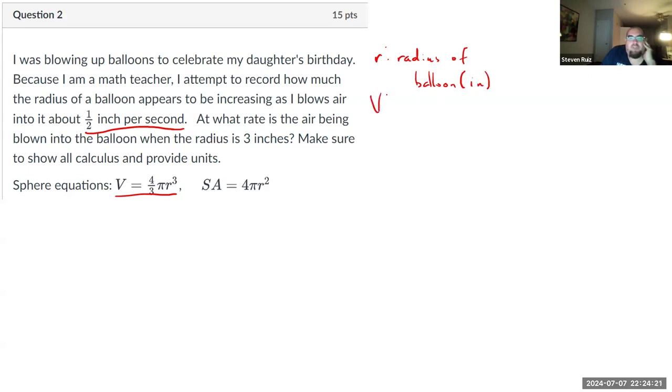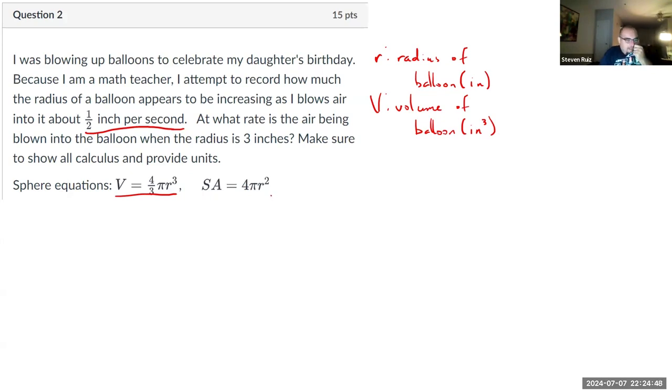I'm also going to talk about the volume of a balloon, that'll be cubic inches. Is there anything else I need to worry about? I'm given the formula for surface area, but now's a good time to think about what we're going to be asked to solve for. At what rate is the air being blown into the balloon?